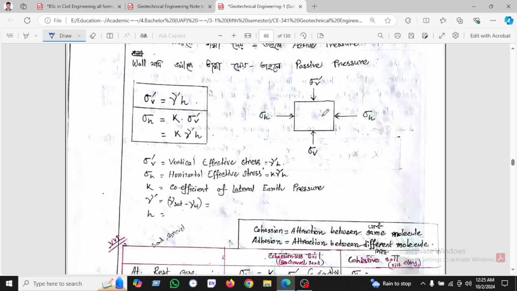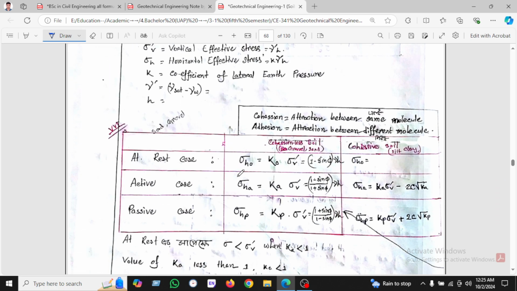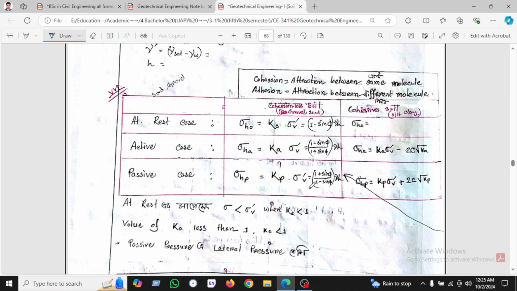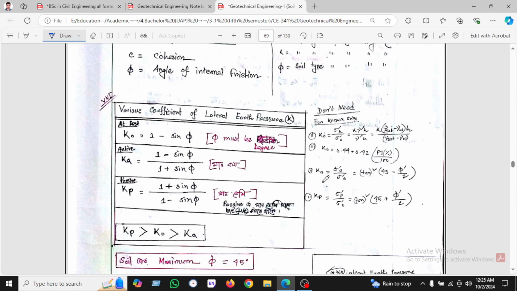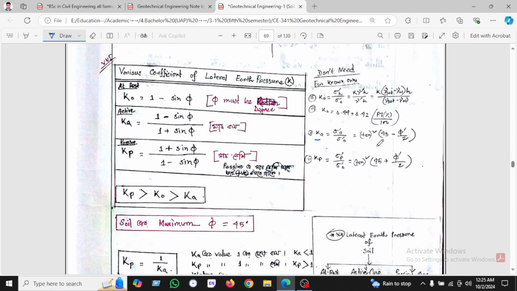Here is the soil. I have already mentioned and already said this formula, so I will not say it again. Another common formula is Ka equals tan square 45 minus phi by 2, and another one is Kp equals tan square 45 plus phi by 2.